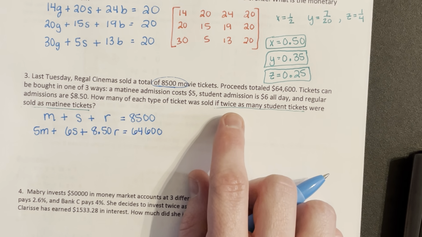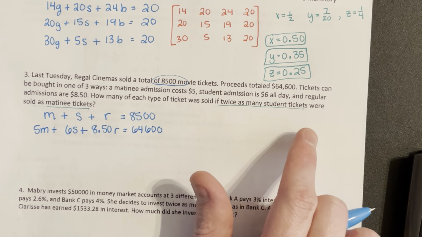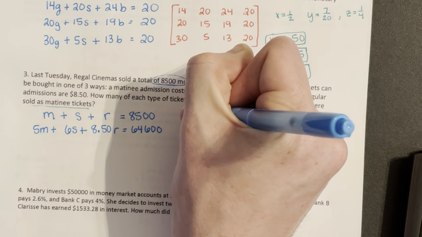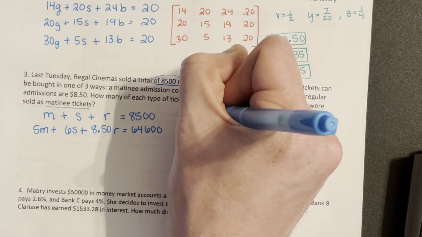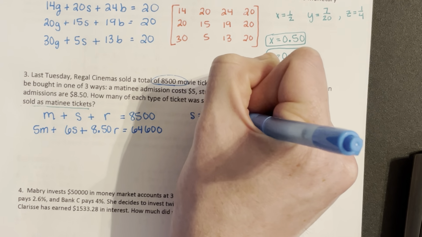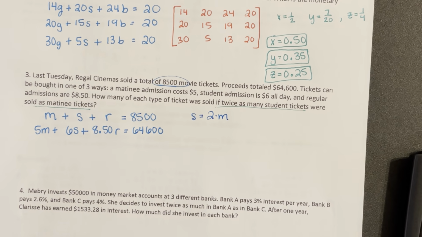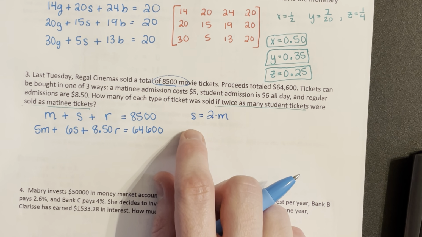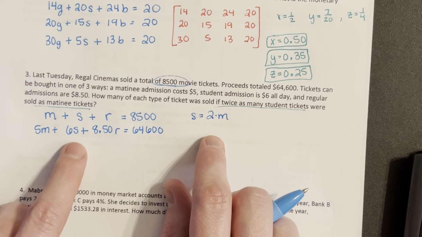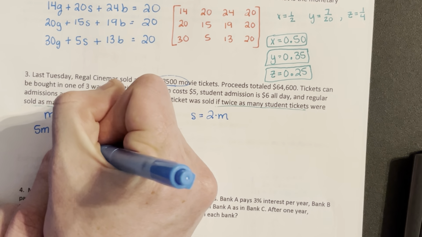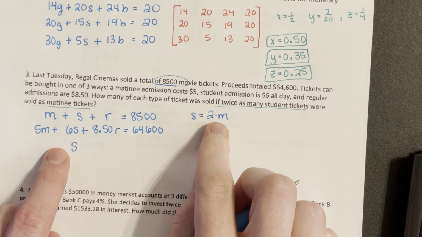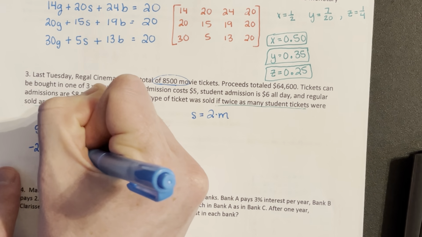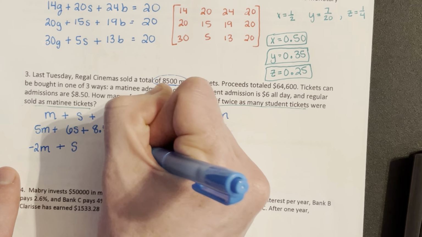There's all the money equations, but the last equation is coming from this last sentence. So if twice as many student tickets were sold as matinee, student tickets is 2 times the matinee. There are twice as many. So I can put in S, and if I subtract 2m, that would say S minus 2m equals 0.